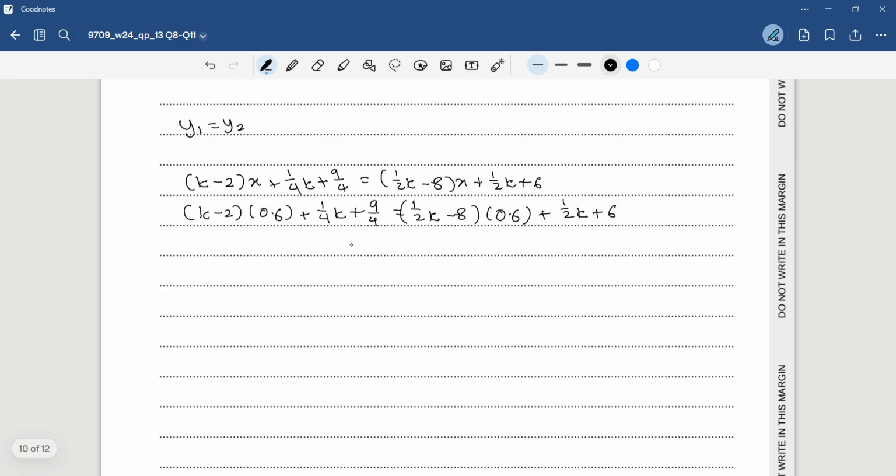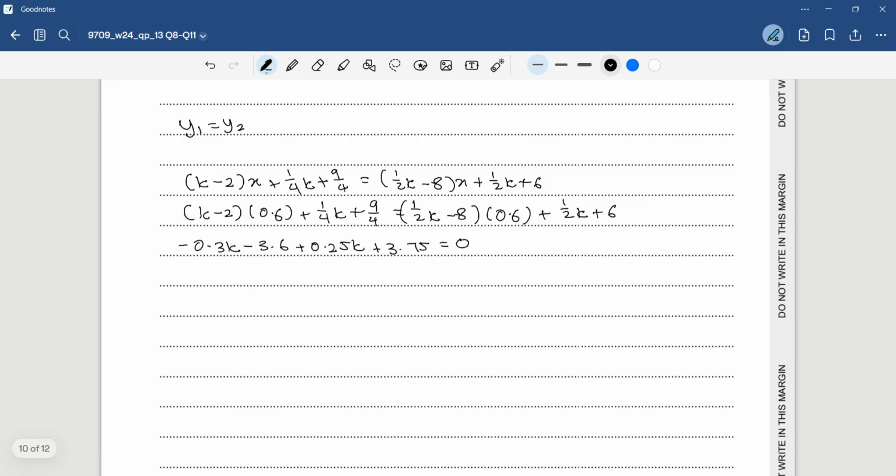Okay, so when you expand everything and rearrange, you will get 0 equal to negative 0.3k minus 3.6 plus 0.25k plus 3.75.